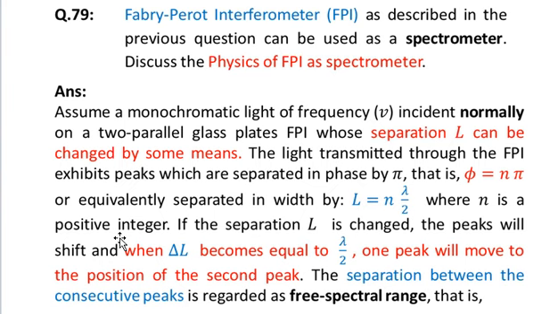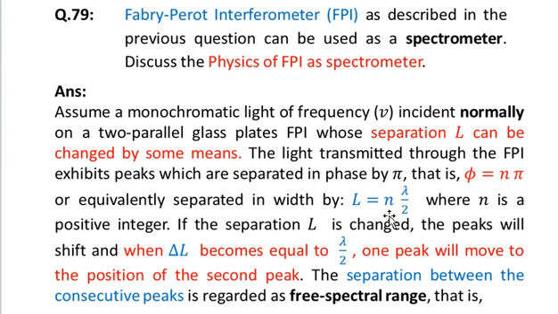What is the meaning of this? The meaning is that when we get two peaks in a Fabry-Perot interferometer, the phase would differ by phi equal to pi, or the separation L should satisfy this condition, that is capital L is equal to n into lambda by 2.